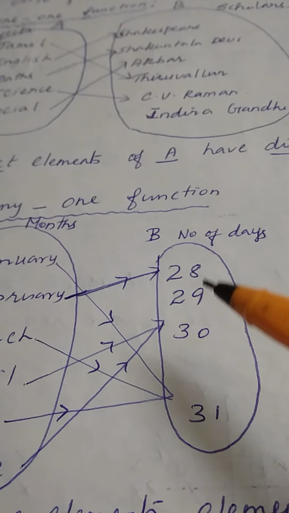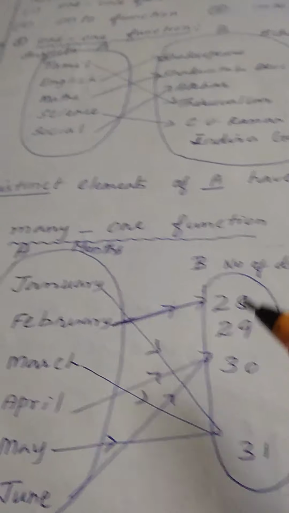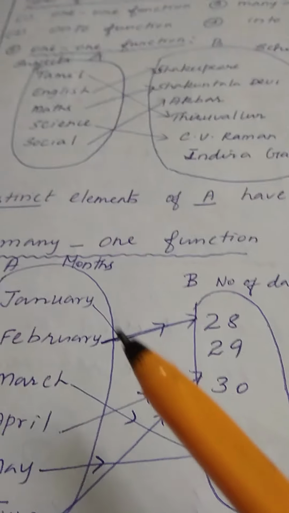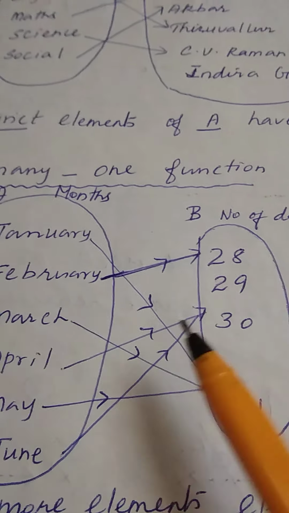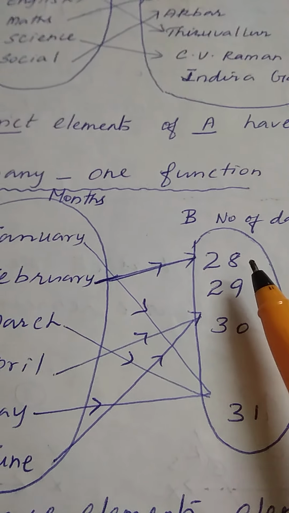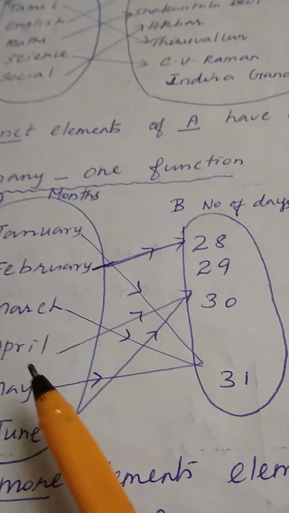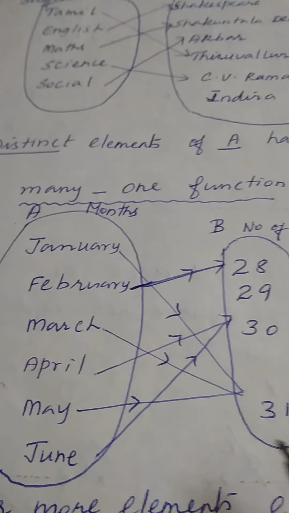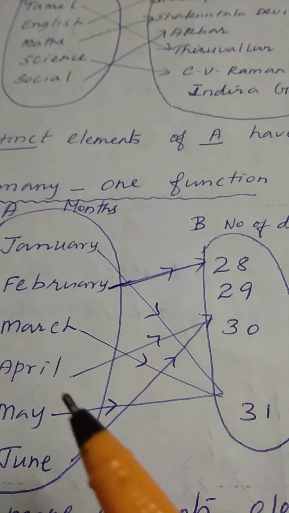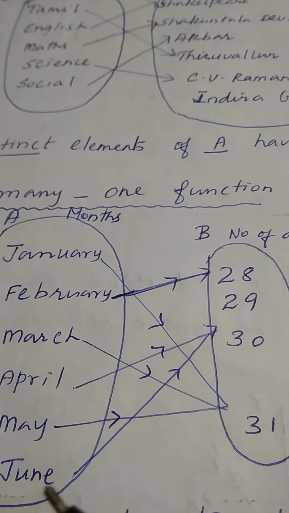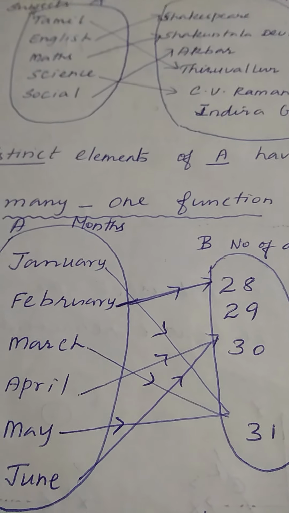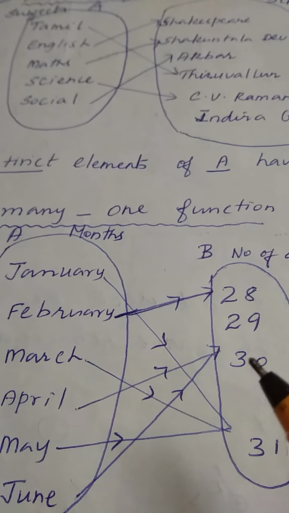We have taken the days 28, 29, 30, 31. Now we will connect. January, how many days are there? 31 days. February, how many days? 28. March, 31. May, 31. April, 30 days. June, 30 days.